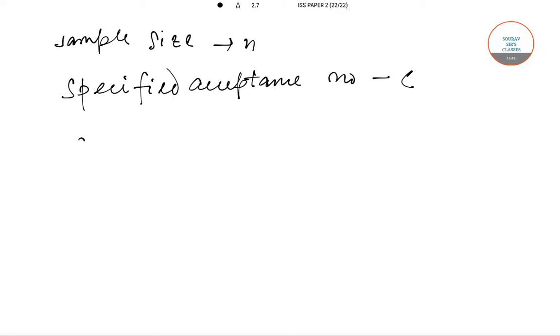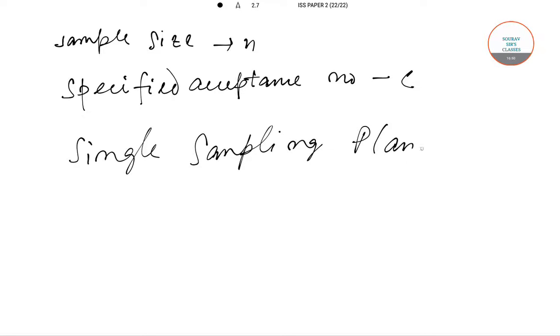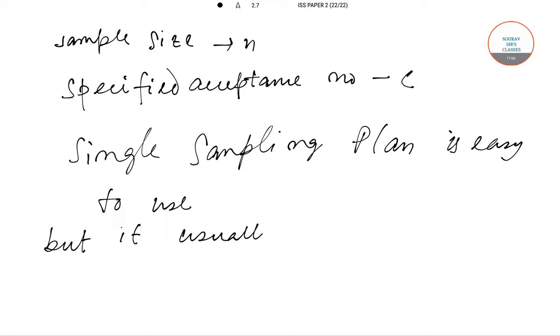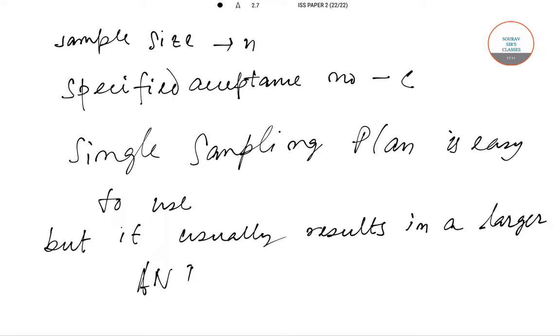Now, single sampling plan is easy to use, but it usually results in a larger ANI than the other plans.